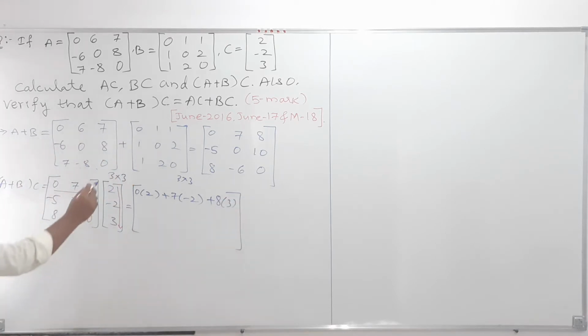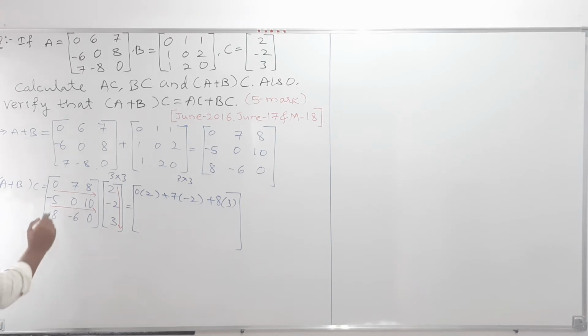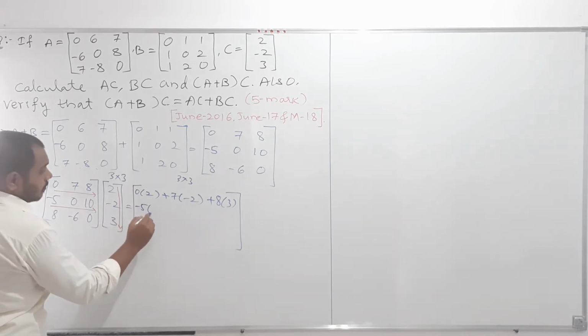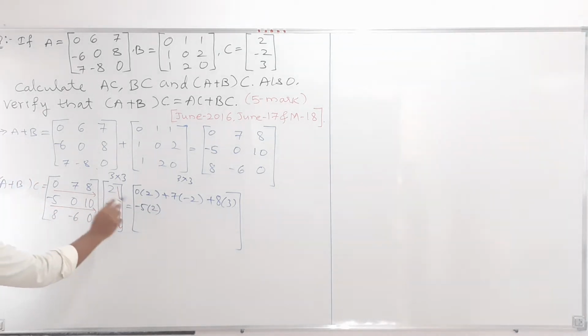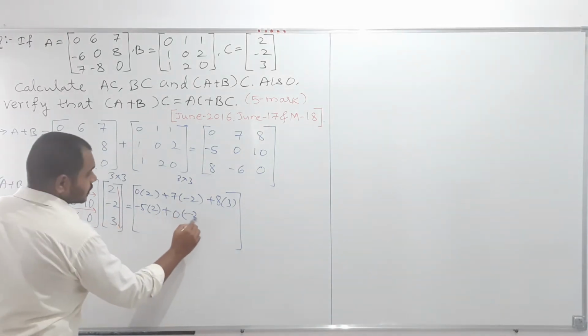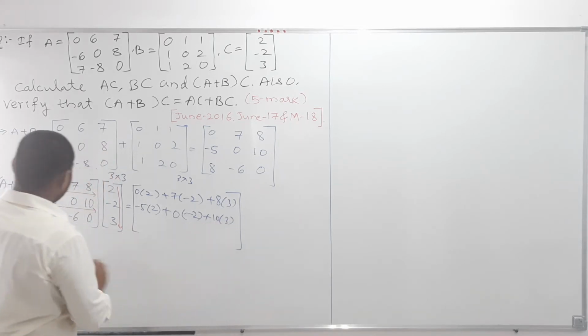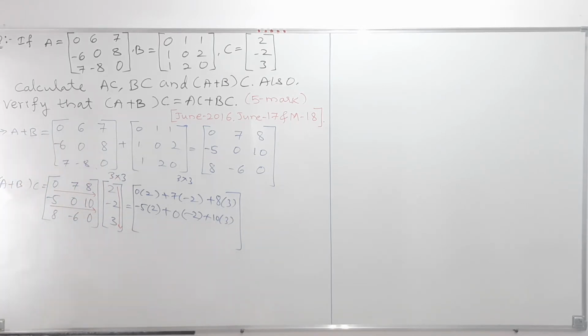Close this one, because only one column is there. Next, second row, first column: minus 5 into 2, plus 0 into minus 2, plus 10 into 3. There is only one column.